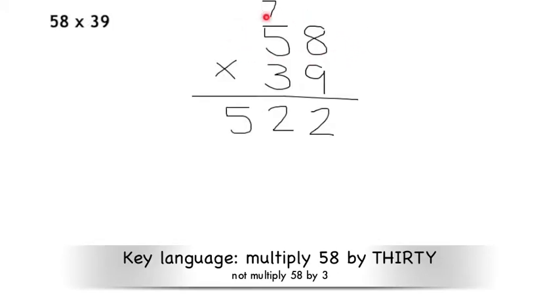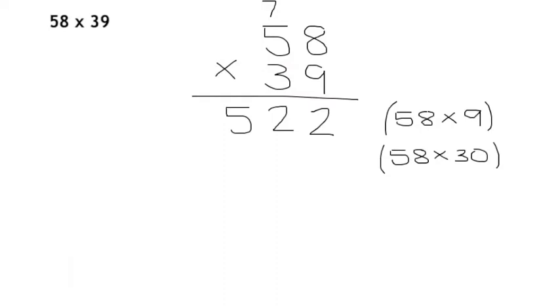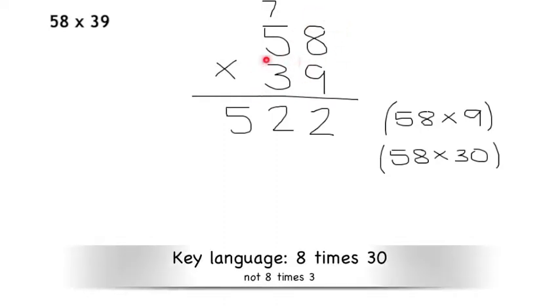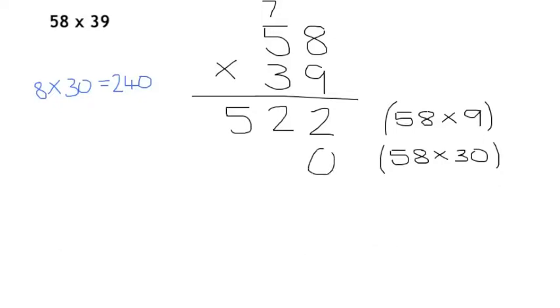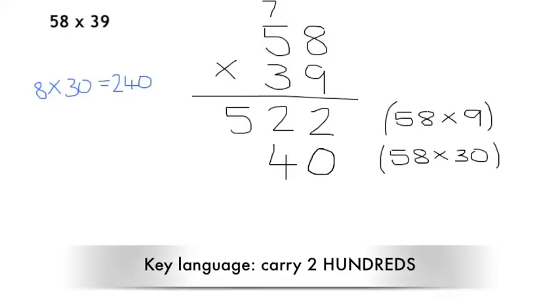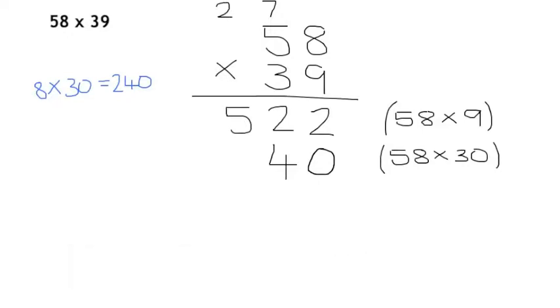Now I multiply 58 by 30. 8 times 30 equals 240. I put 0 in the units column. I write 4 in the tens column and I carry the 200s because I have not found the overall number of hundreds yet.